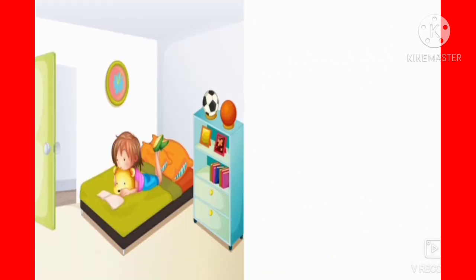The next one is, every evening Radha has the practice of studying. So students, is this AM or PM? Yes, it is PM because the word evening represents PM.